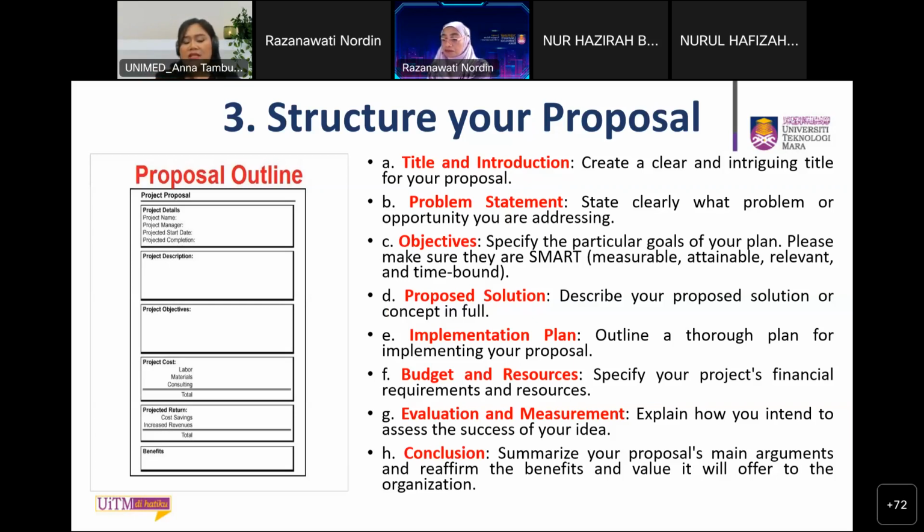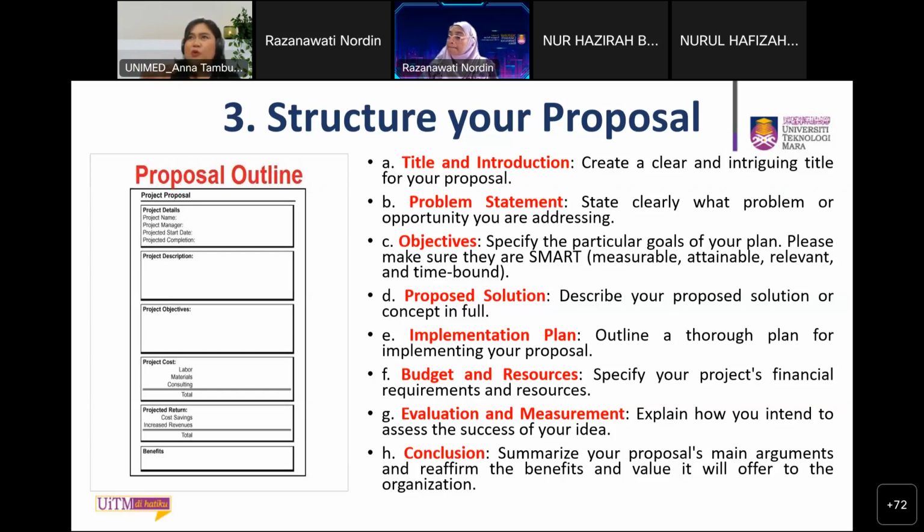And then the next one is objectives. State the specific objectives of your proposal. Ensure they are measurable, achievable, relevant, and time bound, which is called SMART. Yeah, measurable. It means that it can be measured. There is a measurement of the things that you are going to propose. And then achievable.